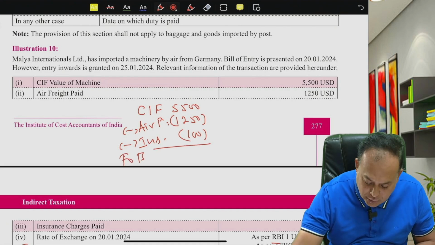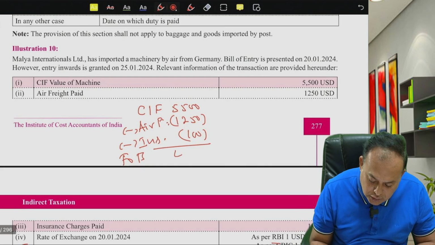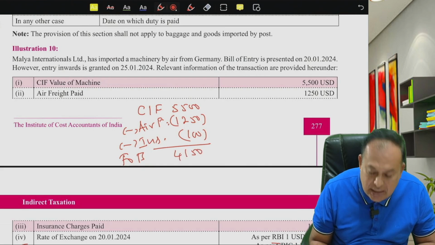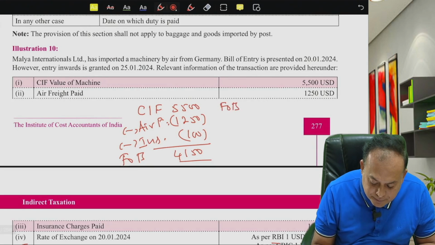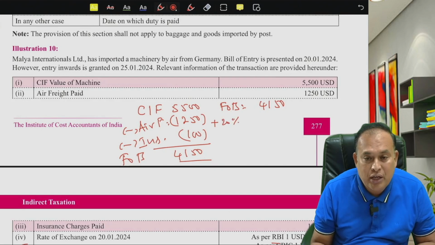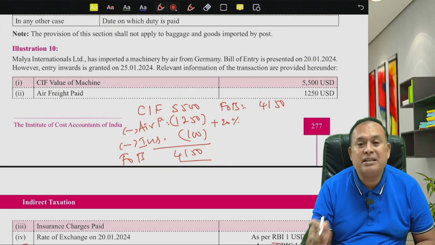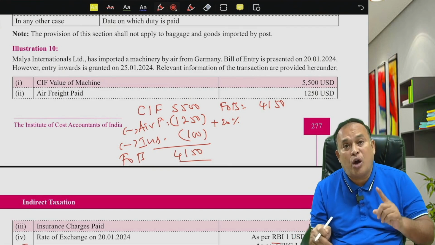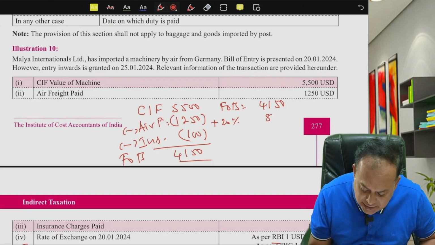That is very important to note. So 5,500 minus 1,250 minus 100, you will get 4,150 as the FOB value. So we take the FOB value 4,150 plus 20% of the FOB value towards air freight. 20% comes to 830. 830 US dollars against 1,250 dollars, 20% is less, so 830.